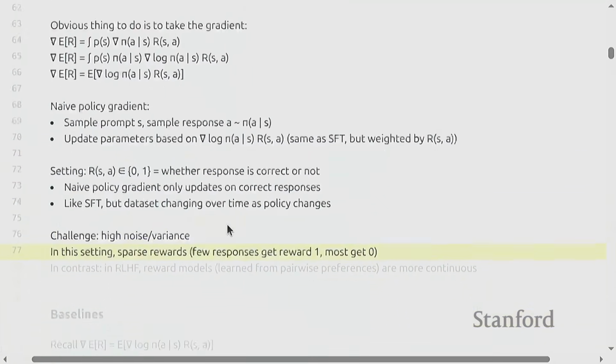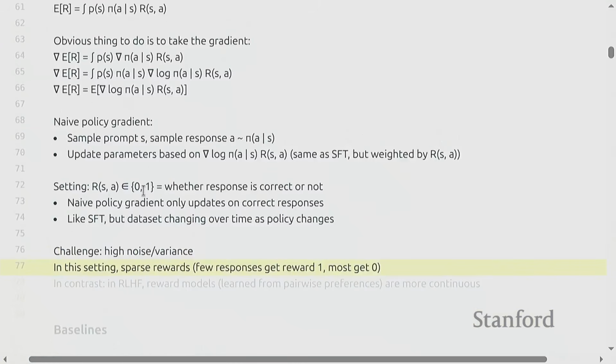In particular, if you look at this setting where you have 0 or 1 as a reward, think about solving a hard math problem. In this setting the rewards are sparse, which means that very few responses are going to get reward 1. Most are going to get 0. So if you have a bad policy and you roll out and generate actions, most of your rewards are going to be 0, which means if you look at the gradient, you're basically making a 0 gradient update.